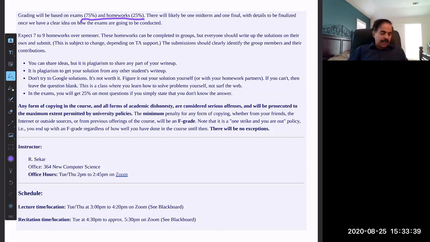Okay, so how large a group, you can decide, because the goal of working in groups is so that you learn more, right? Because sometimes if you just work on your own, then you can get stuck and not make any progress and not learn anything. Instead, if you work in a group, then when one person gets stuck, some other person can have an idea, and then you can make progress.